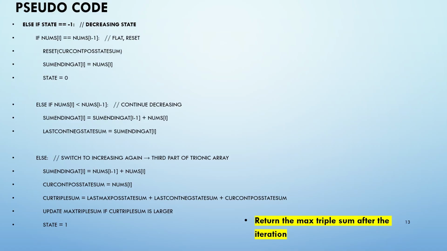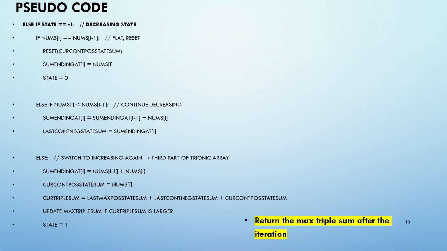Let's come to the last condition, where you are in the decreasing state, but now you encounter an increasing value, which means you are moving from the decreasing state to the increasing state. If you move from the decreasing state to the increasing state, you will first calculate the sum ending at I to be nums of I minus 1 plus nums of I. So the sum ending at array captures the maximum sum ending at that index having the current trend.